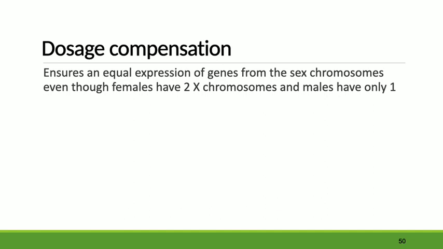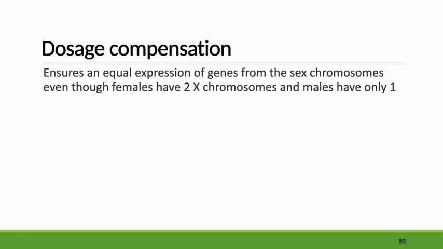However, at some point in the fetal development, each cell, of course, each cell has two of the X chromosomes, it will shut down one of the X chromosomes. And from there on out, only information on the non-shutdown X chromosome will be read.